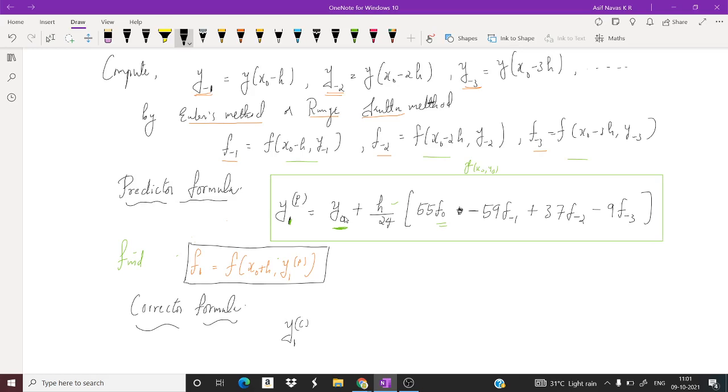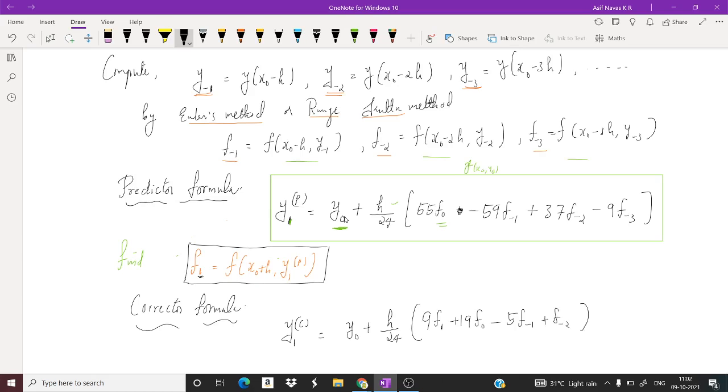Y1 of c is equal to y0 plus h by 24 times 9 f1 plus 19 f0 minus 5 f minus 1 plus f minus 2.